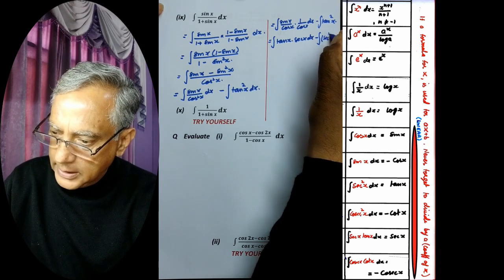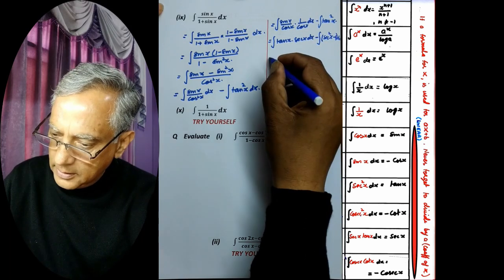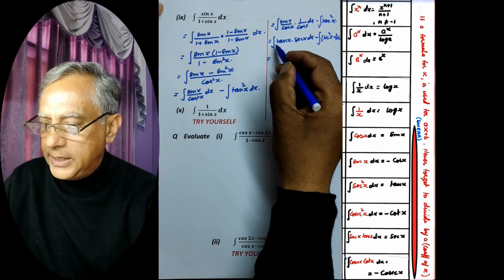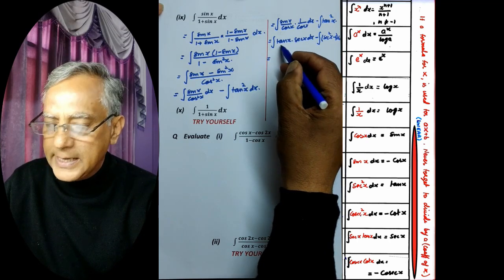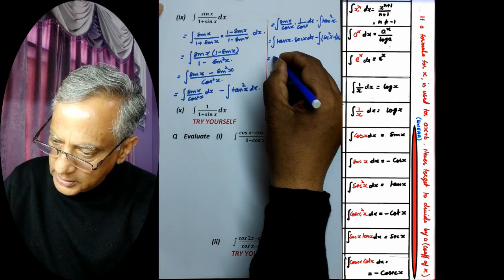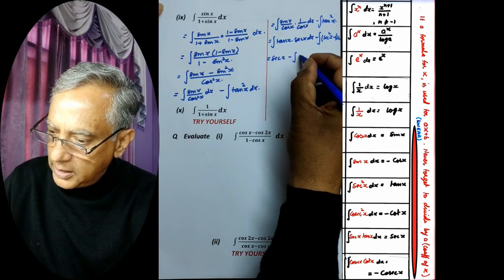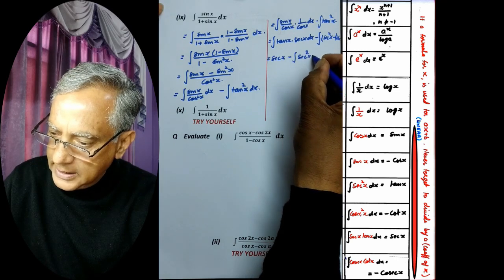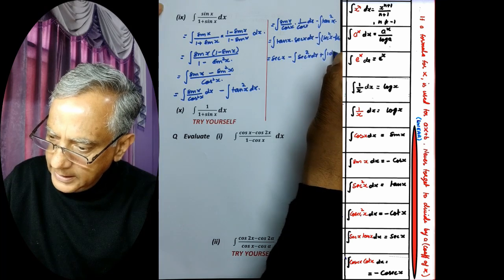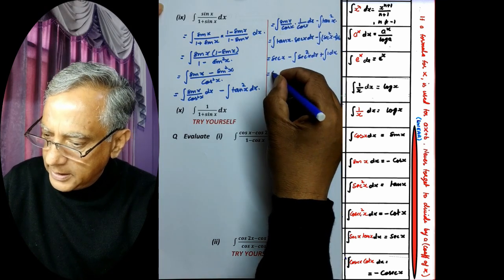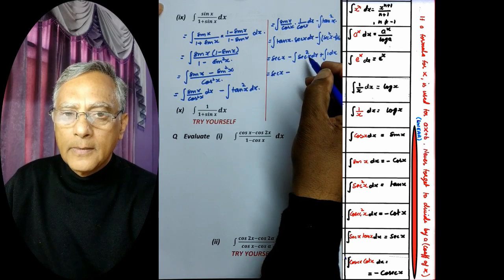secant square x minus 1 dx. Now integration of secant x tangent x is secant x, because differentiation of secant x is secant x tangent x. So this will be secant x minus integral of secant square x dx plus integral of 1 dx, and this can be written as secant x minus integration of secant square x.